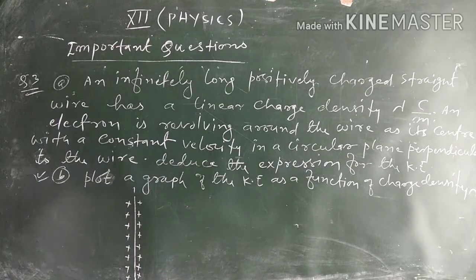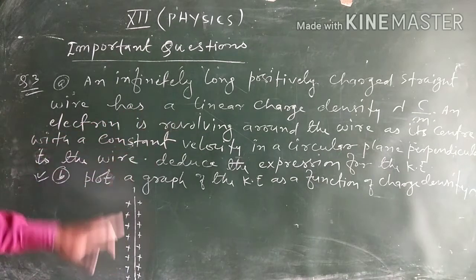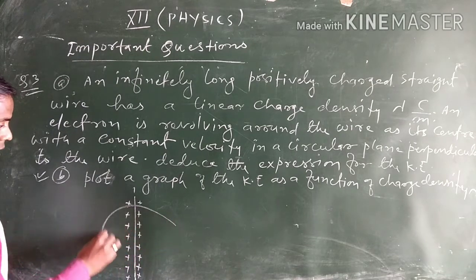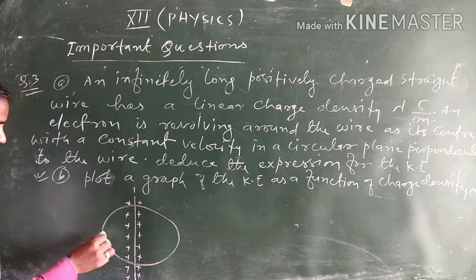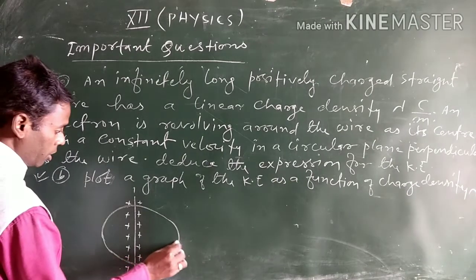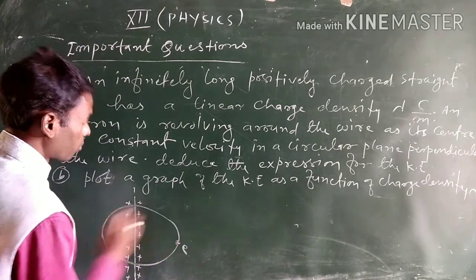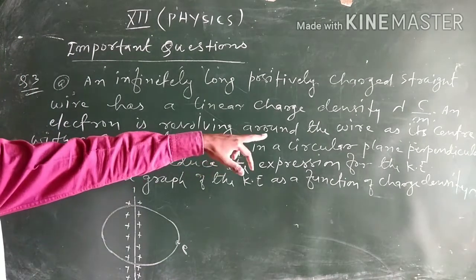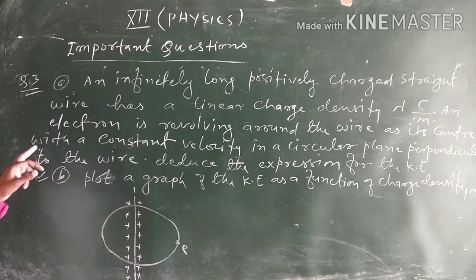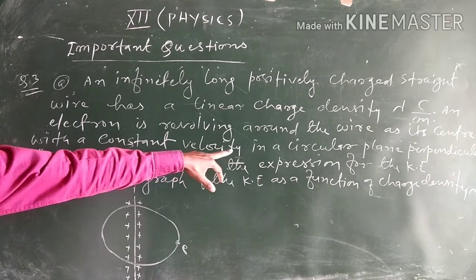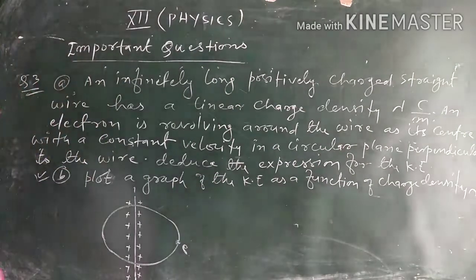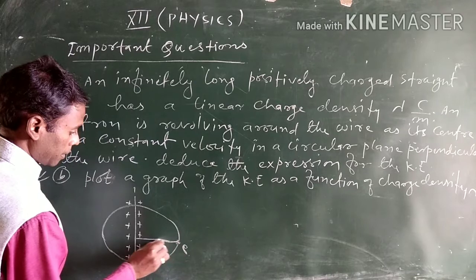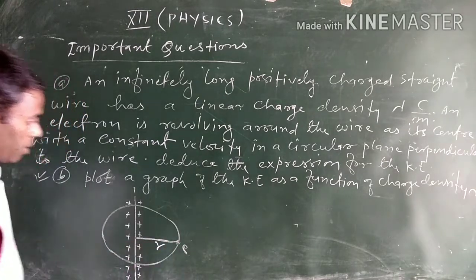Here, in this wire, an electron is revolving, that means the electron is just revolving like this, around the wire as its center with a constant velocity in a circular plane perpendicular to the wire. Suppose the radius of this circle is small r.